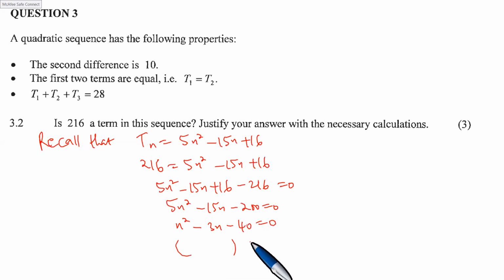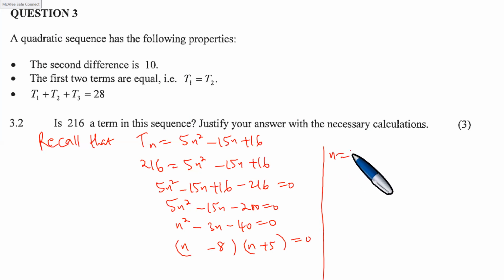What are the factors of n squared? n and n. The factors of minus 40 that give minus 3 are minus 8 and plus 5. We get n equals 8, n equals minus 5.